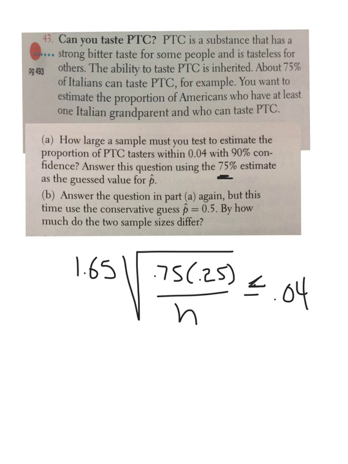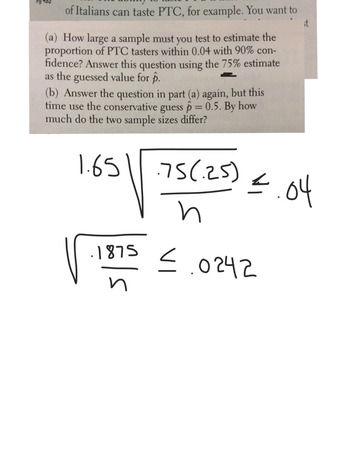So first, we are going to divide each side by 1.65, which I just did. And I did two things. I multiplied those two together to get that number. Now what do we got to do? Well, we got to square both sides to get rid of that square root. So we end up with this. Multiply both sides by n. So that tells us that n is over here now.